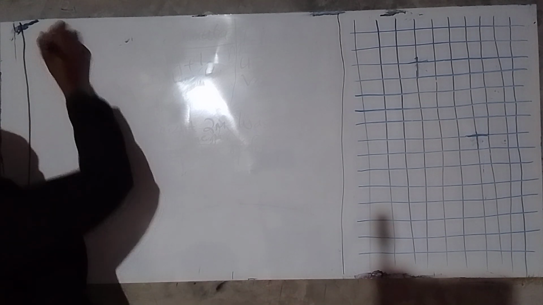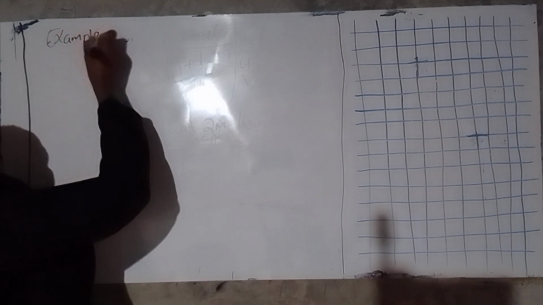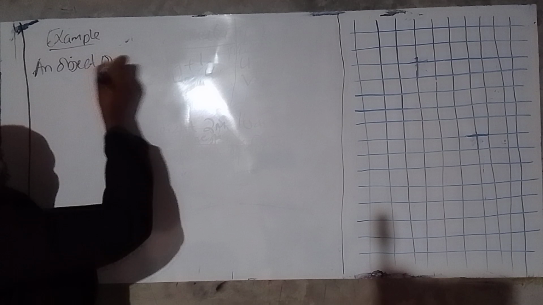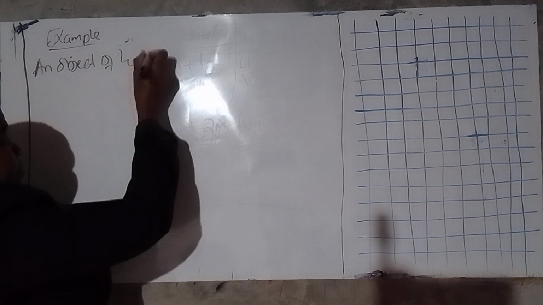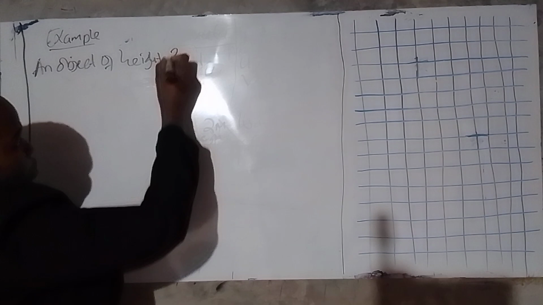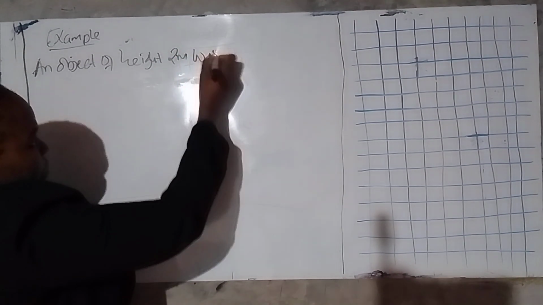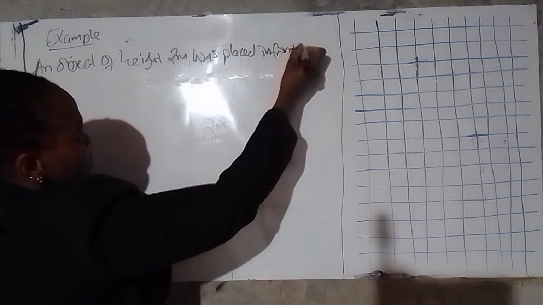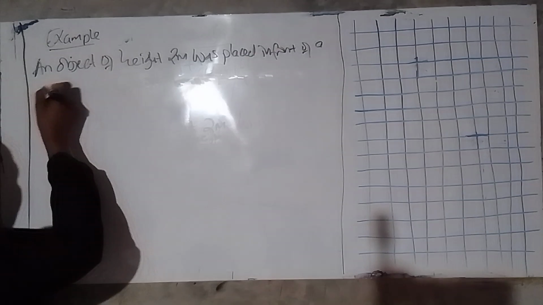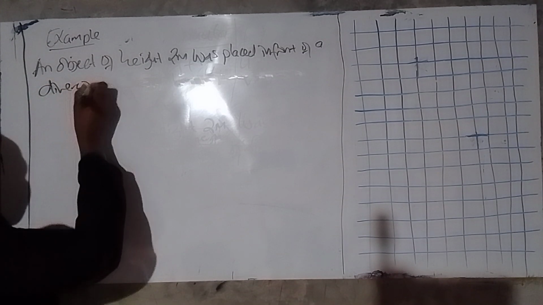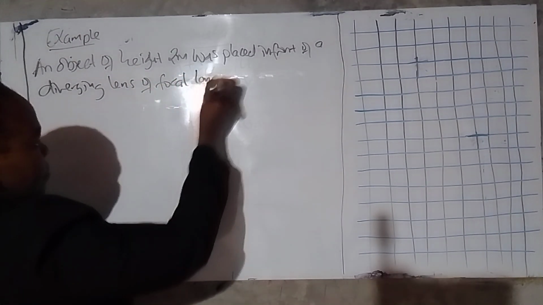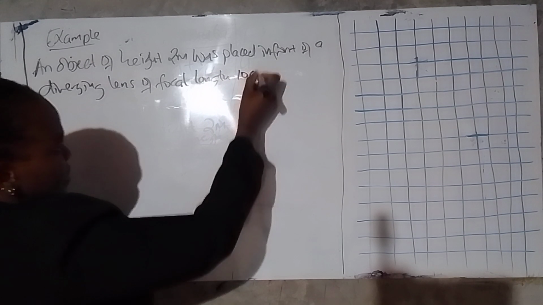So we said, example, an object of height 2 meters was placed in front of a diverging lens of focal length 10 centimeters.